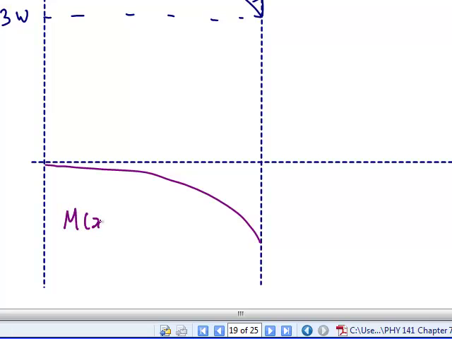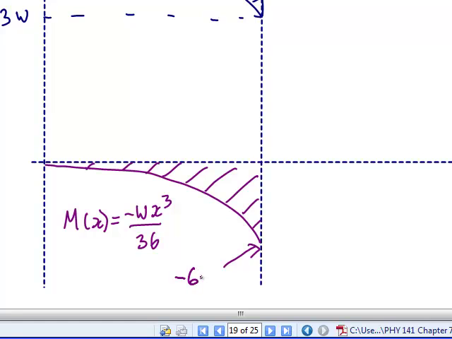So M of x is negative wx cubed over 36. So by putting in x equals 6, we can figure out what this value is right here. So that's equal to negative 6w.